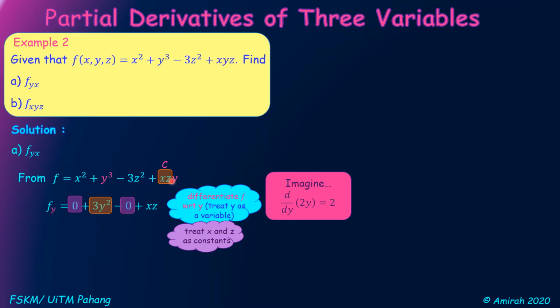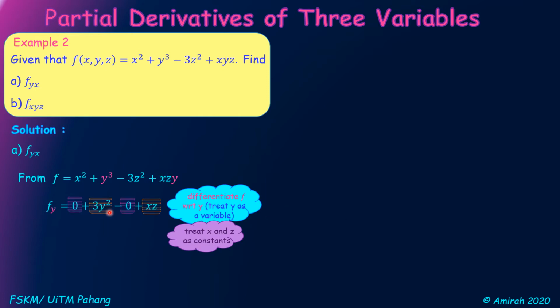So when we differentiate constant times y, the answer equals the constant. That's why we get this. And after that, we can simplify, so we get fy equals 3y squared plus xz.